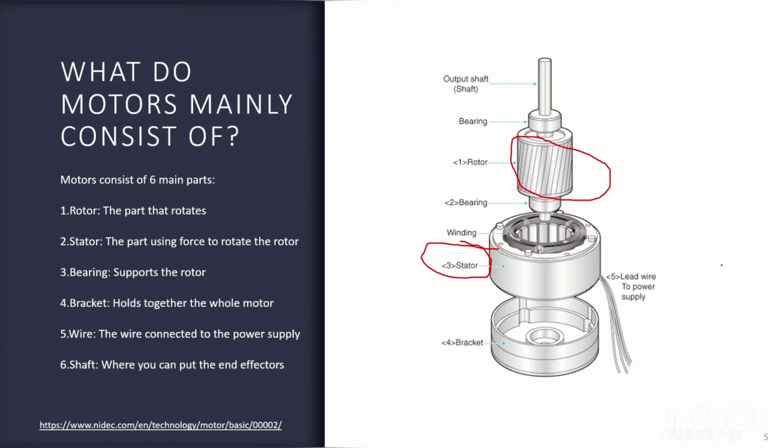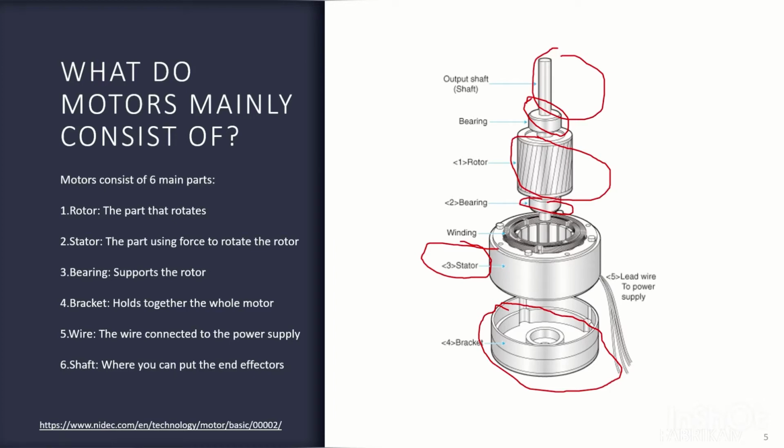That's the one that mainly converts the electrical energy into mechanical energy. Then the bearing, which helps support the rotor over here and over here. And then the bracket, which holds together the motor. You see down here, this is really important and crucial. And then the shaft, where you can put your end effectors. It's the output shaft, and that's basically where all this mechanical energy is being provided and put to.